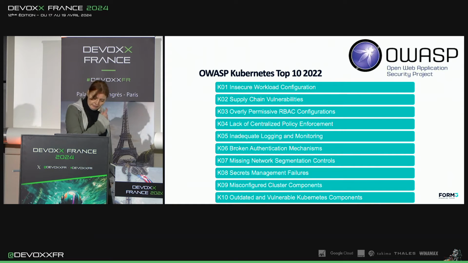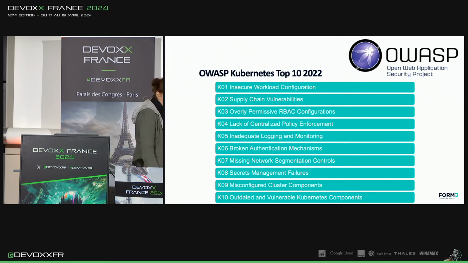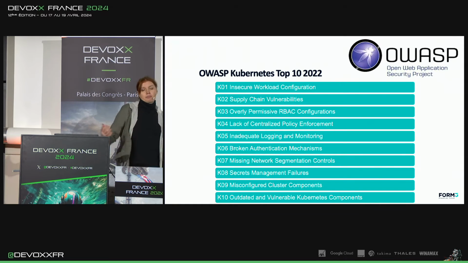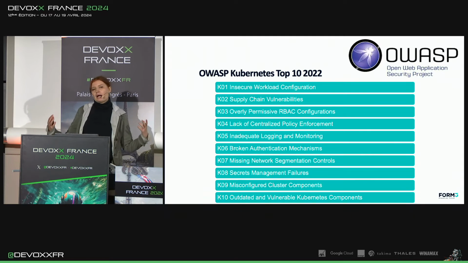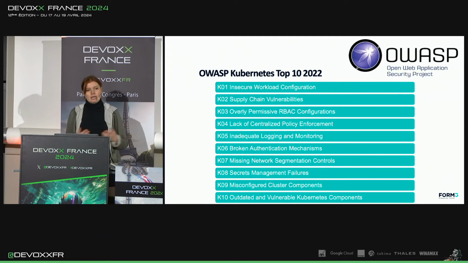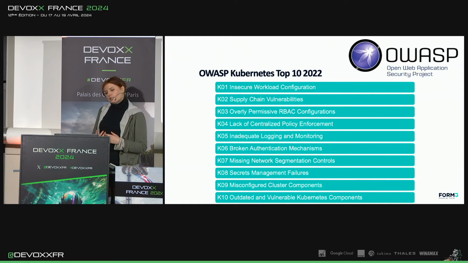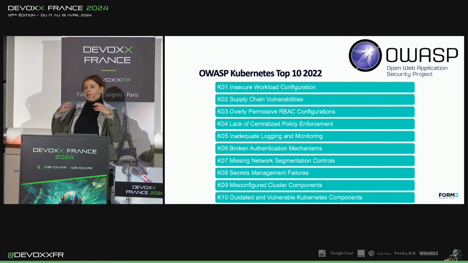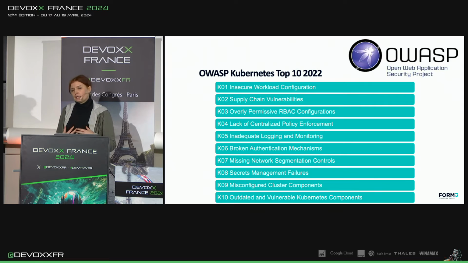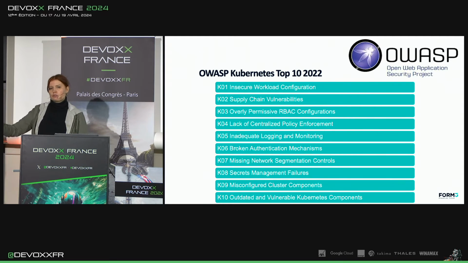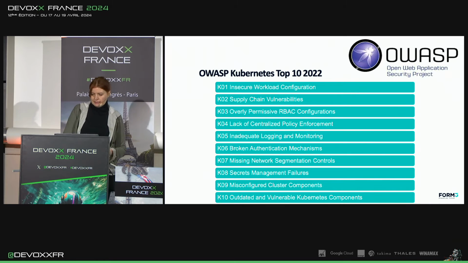Here we don't have privilege escalation directly. Why? Because privilege escalation is such a wide topic, and here there is more focus on technical risks, and those risks can be combined together and exploited to eventually execute some privilege escalation in real Kubernetes clusters.